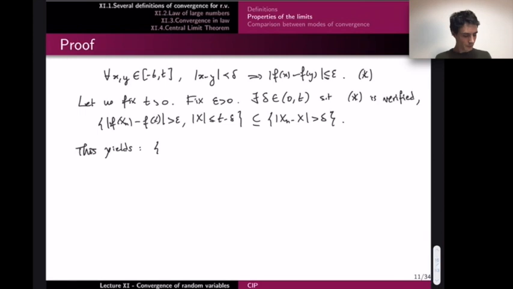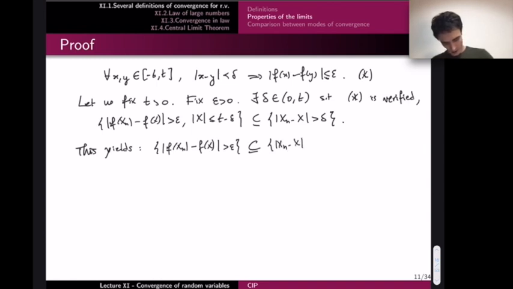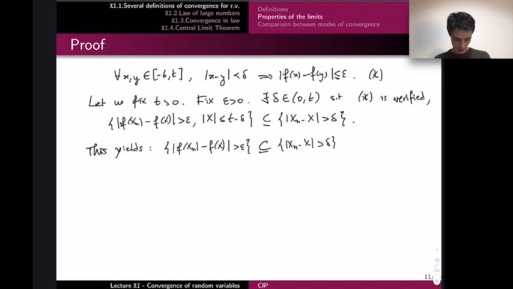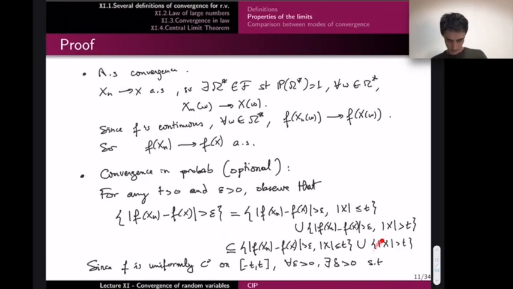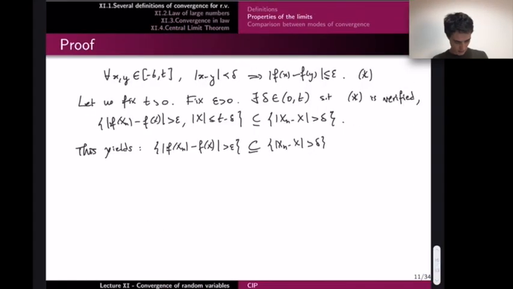So I get that |f(xn) - f(x)| greater than epsilon is included in, so remember there was this set, but this set is included in this one. So it's included in |xn - x| greater than delta. And the second one that I needed is this one, |x| greater than t, or |x| greater than t.